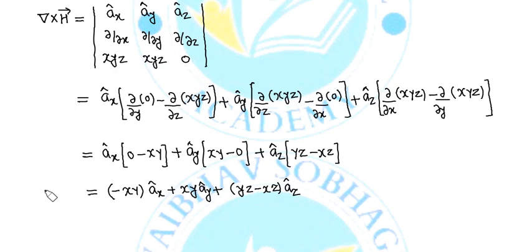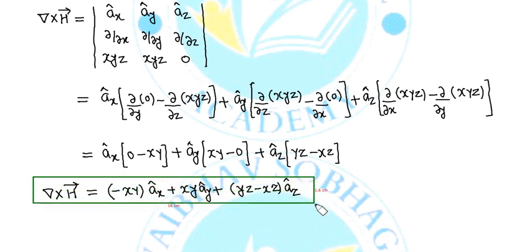So this is what? This is the curl of your given vector field, vector H, for your Cartesian coordinate system.